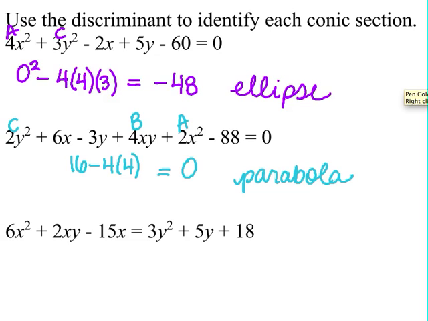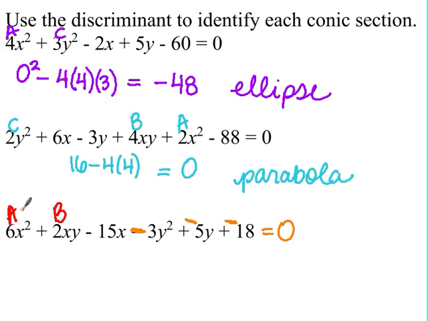Okay, now we got a problem on the next one. What's the problem? It doesn't equal 0. So this is the easy way. You see what I did? Make all those negative, because then that's like you moved them over to the left side. Okay, so what is B? What is B? 2. What is A? 6x squared.